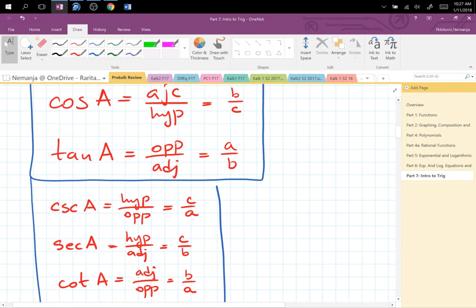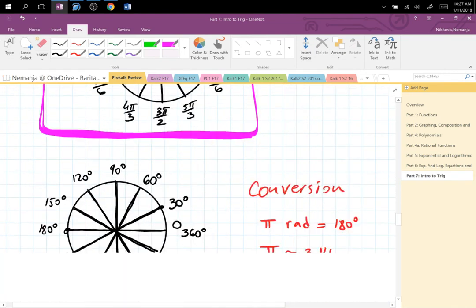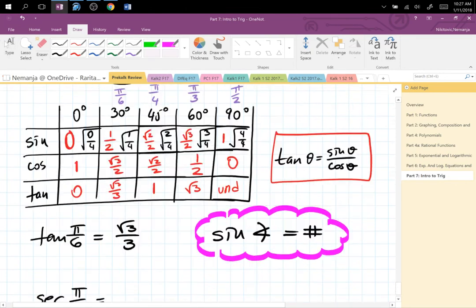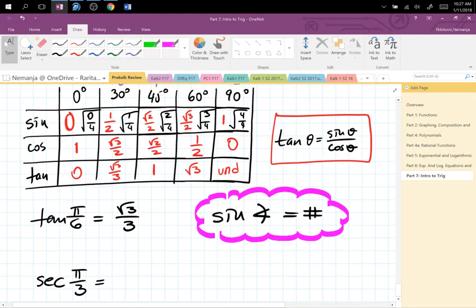Cosine is adjacent over hypotenuse, which is what we did yesterday. Now look down there. Secant is hypotenuse over adjacent. So secant of pi over 3 is 1 over cosine of pi over 3. Now, that would be 1 over 1/2, which is 2.